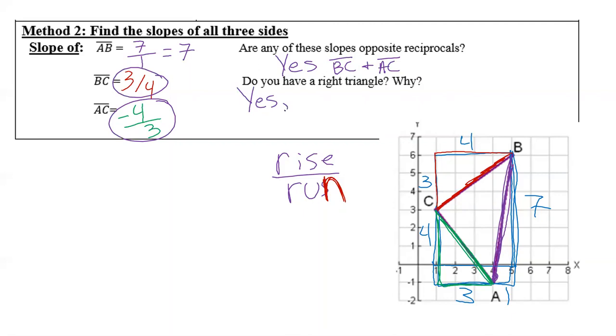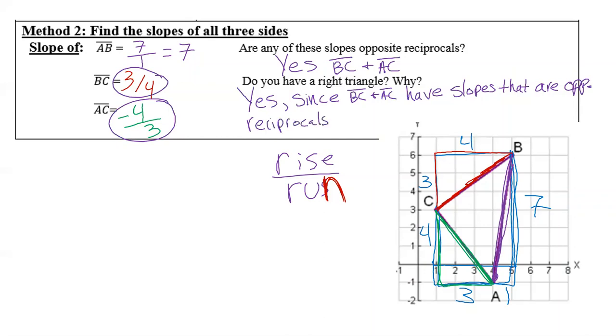Yes, since BC and line segment AC have slopes that are opposite reciprocals, BC is perpendicular to AC, making triangle ABC a right triangle.